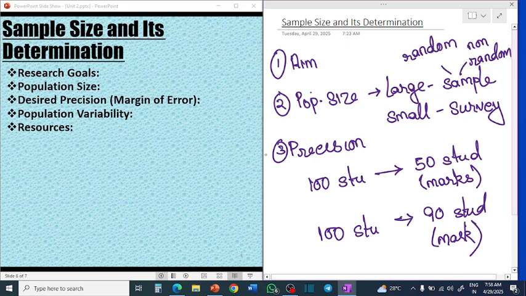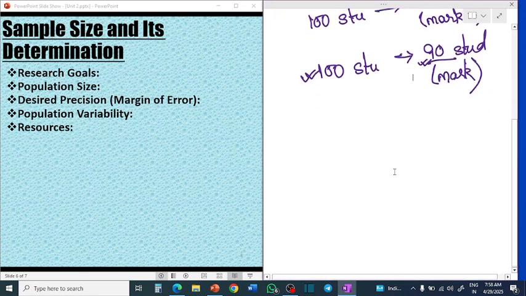Which do you think will be closer to the correct answer? Obviously, the one with 100 students and 90 samples will be closer and more representative of the whole class. So in our desired precision, we can see that the more the number of samples, the more precise our calculation will be. Then we come on to the population variability.